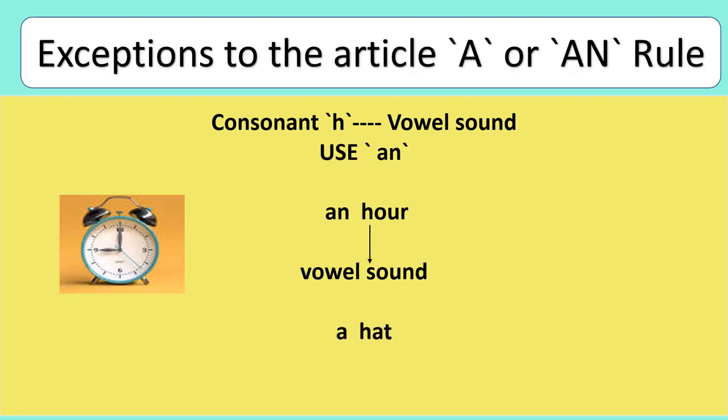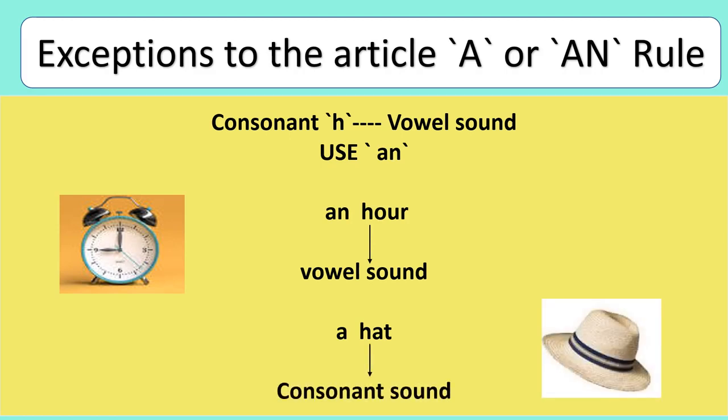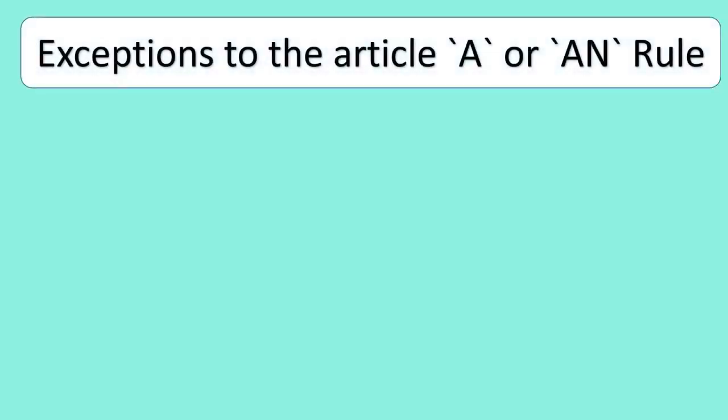Another example, a hat. In this word, hat, it is starting with a consonant sound h. That's why I have used a before hat. Clear? This rule is applicable in some other cases also. Let's have a look at them.